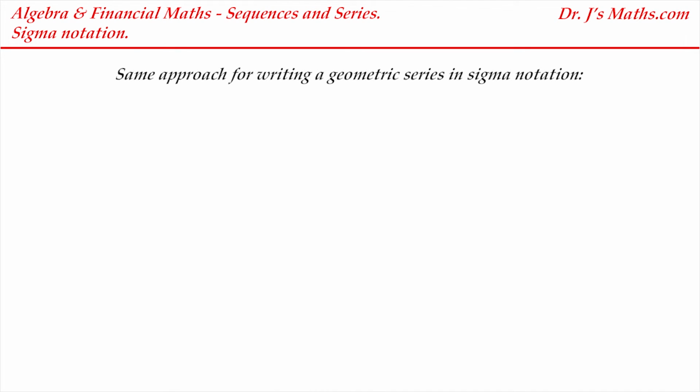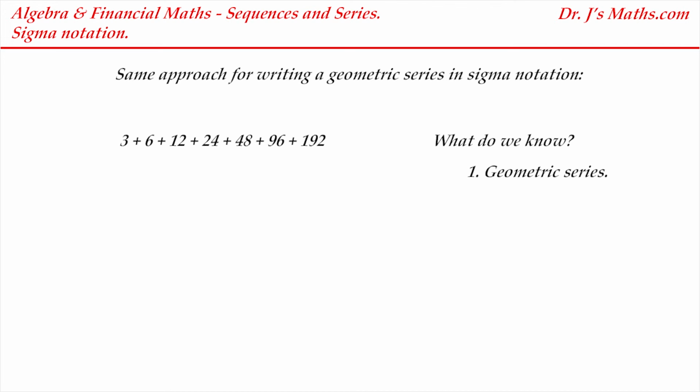It's exactly the same approach for writing a geometric series in sigma notation. We might be given 3 plus 6 plus 12, etc. And what do we know? Well, it's a geometric series. The first term is 3, the common ratio is 2, and we have 7 terms.